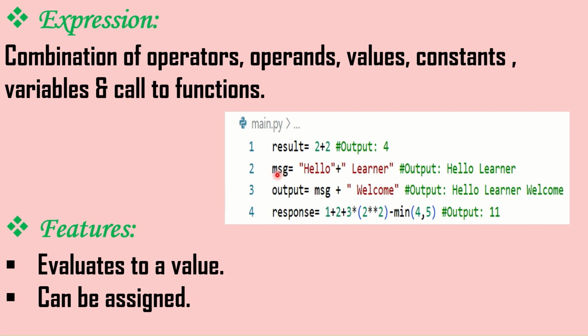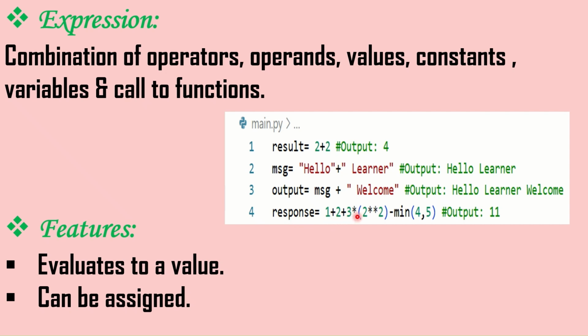Similarly, the message variable is holding an expression containing 2 string values, hello and learner, along with the operator. The output variable is holding an expression containing the message variable and a string value welcome along with the operator.